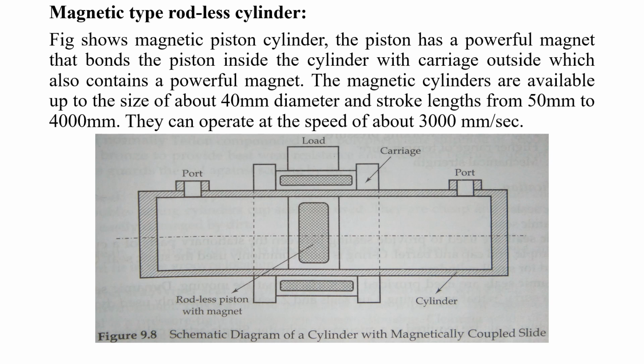Here there is no physical contact between the piston and the load carriage. Only these two powerful magnets attract each other with respect to the magnetic force. When the compressed air is supplied to one side of the piston magnet inside the cylinder, the piston will move to the other end.